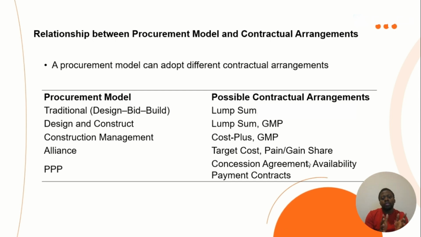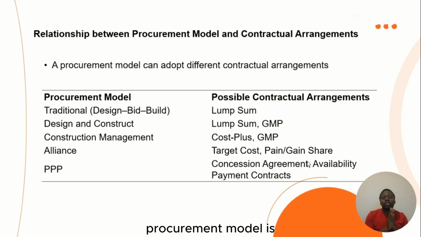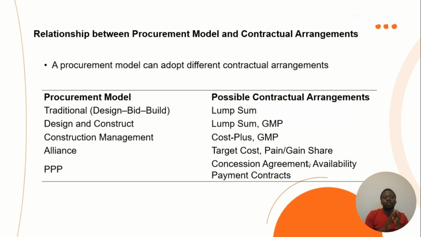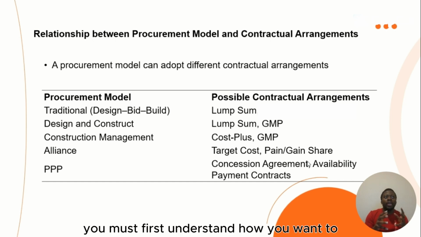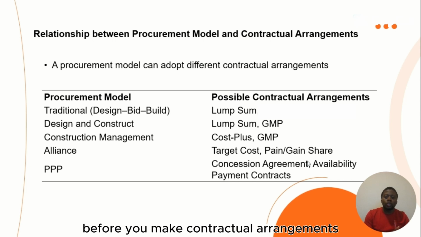How does it relate? I believe you should know that the procurement model is a precedence to contractual arrangement. You must first understand how you want to engage with the stakeholders, how you want to relate, before you make contractual arrangements.